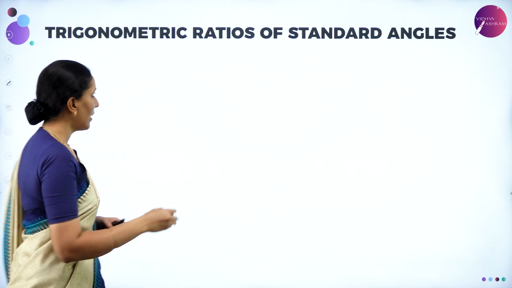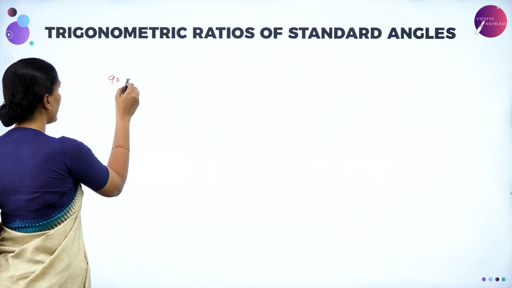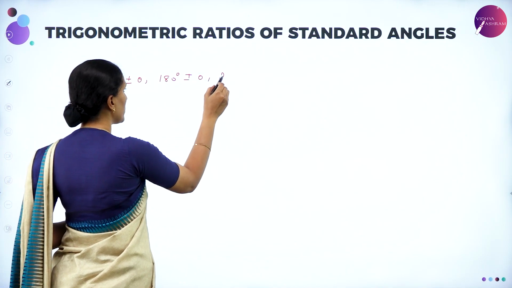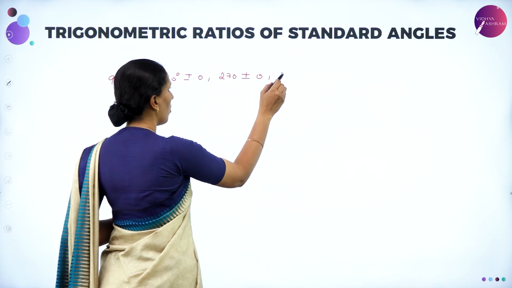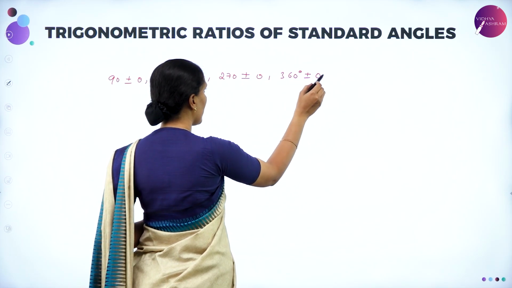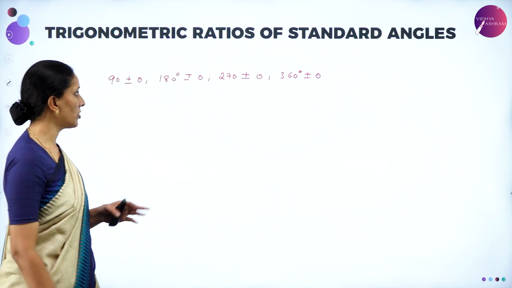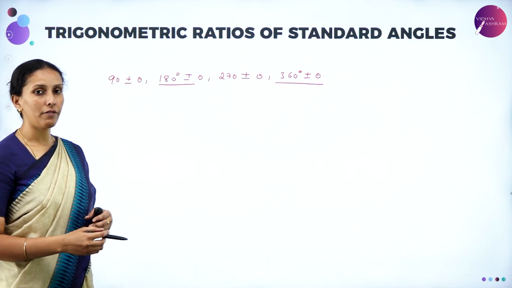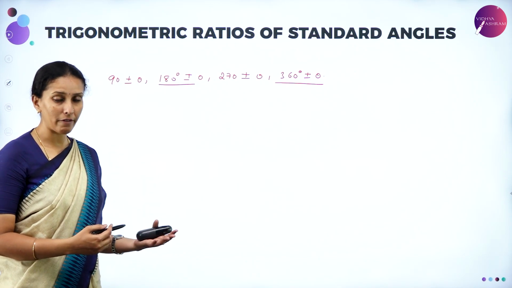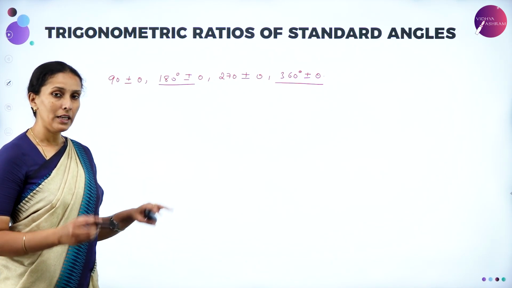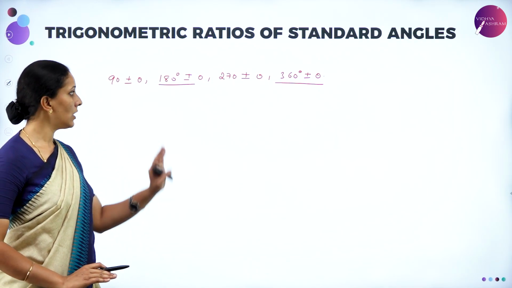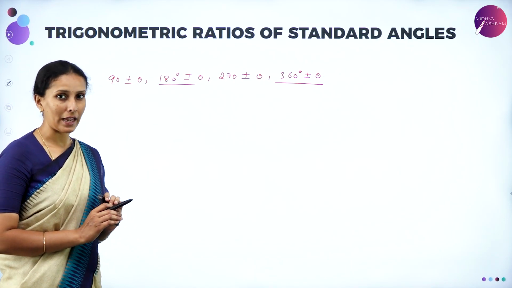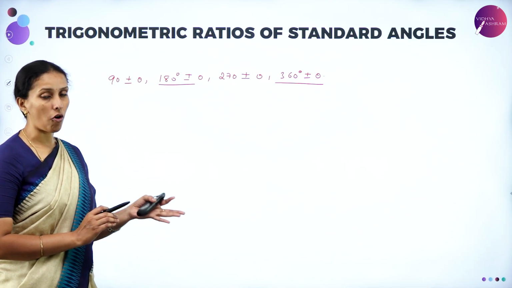Any angle which is written in the form of 90 plus or minus theta, 180 plus or minus theta, 270 plus or minus theta, or 360 plus or minus theta, the function will remain the same. For example, sine 120, cos 120, tan 120, cot 135 degrees, the function will remain the same, but only the sign changes depending upon whether the angle lies in the first, second, third or fourth quadrant.